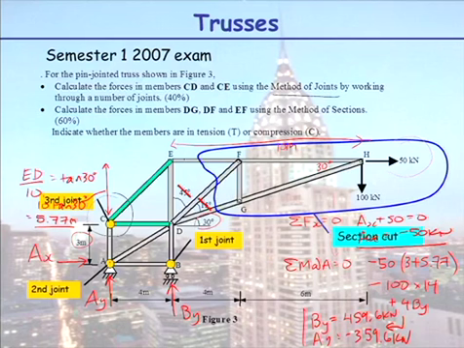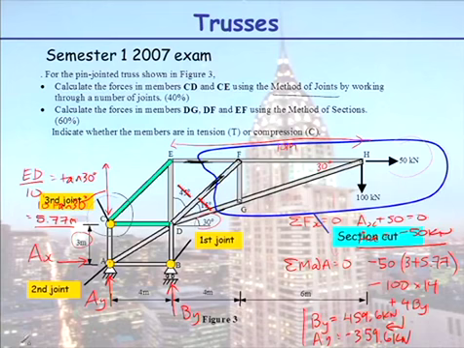For the method of sections, we're asked to calculate the forces in DF, DG, and EF. So take your highlighter or your different colour markers and pens and mark on there. I want these 3 forces, so it's pretty obvious where I would consider my free body diagram.